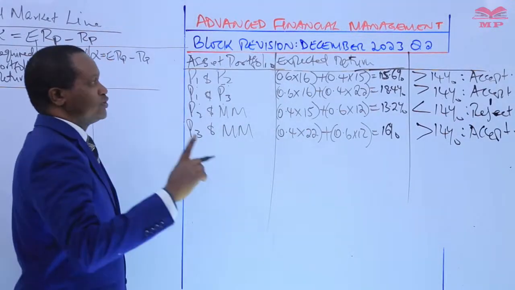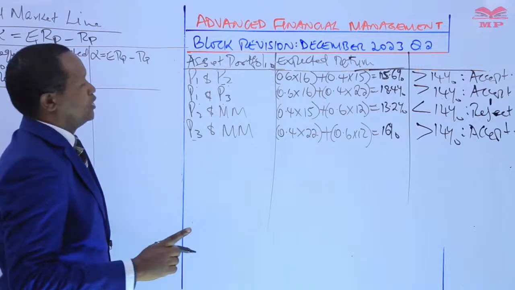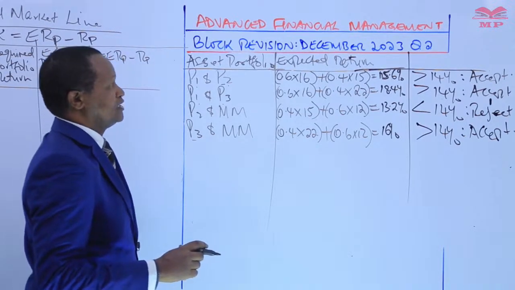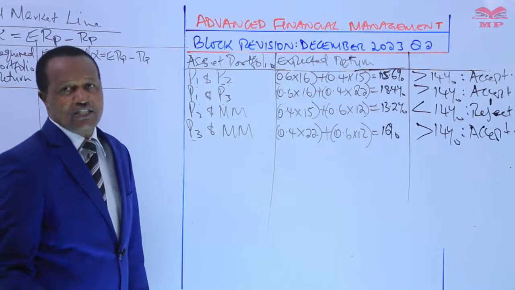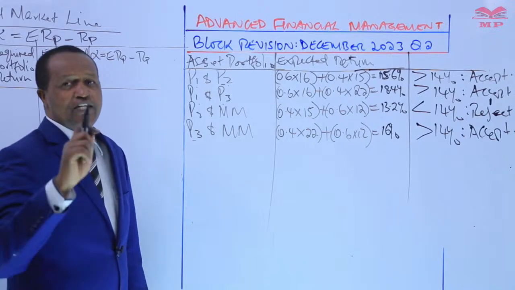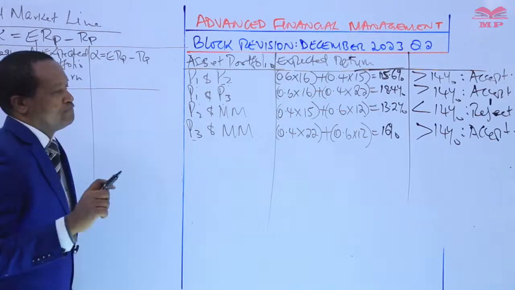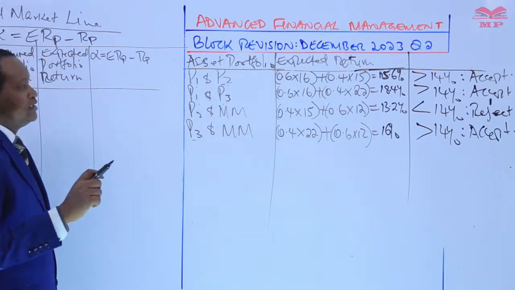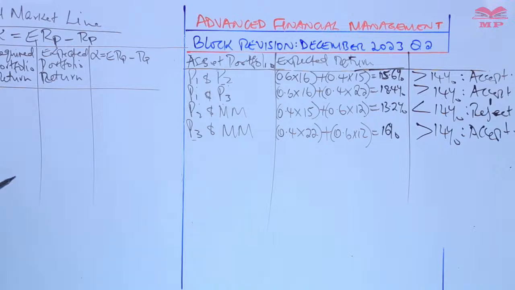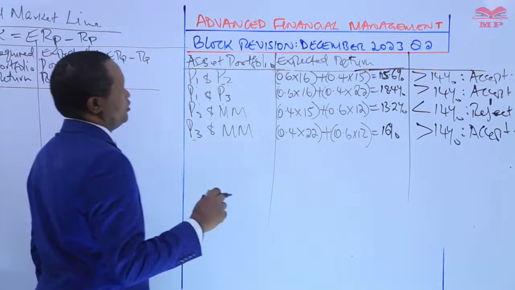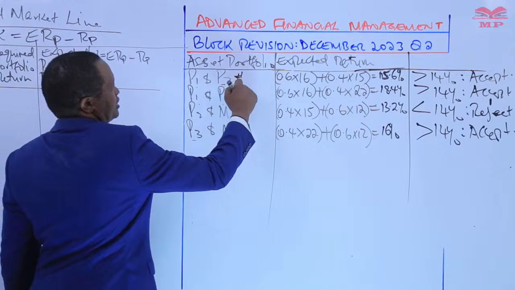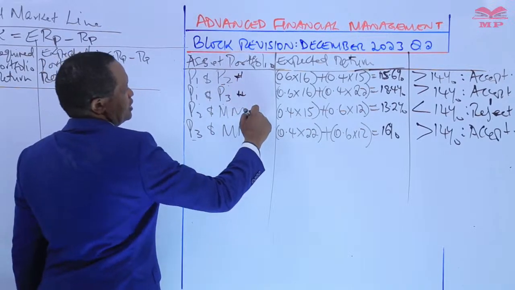So that's the first thing to do, candidates, when making capital market line analysis, is to first of all identify the efficient portfolios. So that's step number one. Then you can see, candidates, we will choose that, and that.